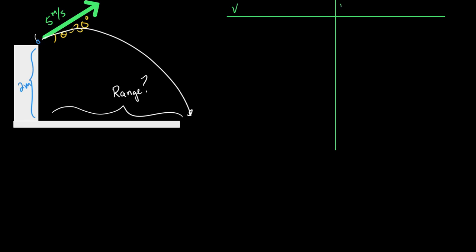So vertical, horizontal, delta y, vy naught, vy, a, t. Delta x, vx, t. This is the range, and in this problem, this is the question mark. In these problems, these two sides are connected through time. Right? This is my template.